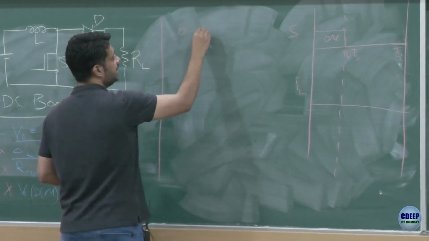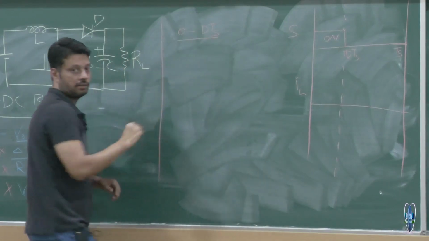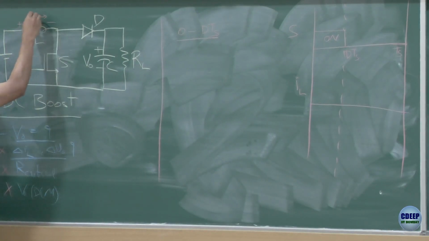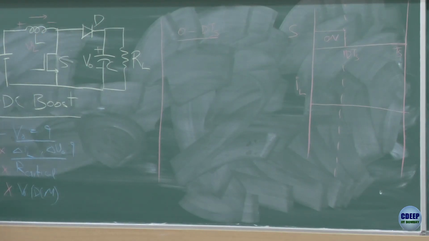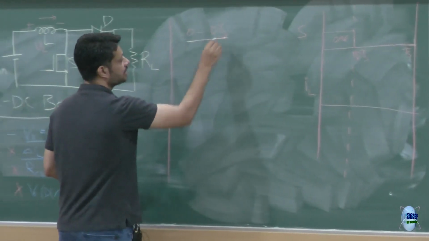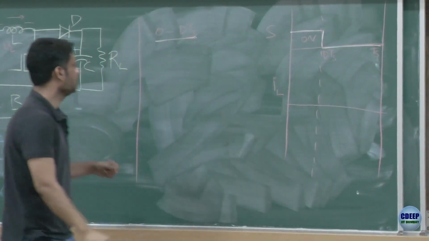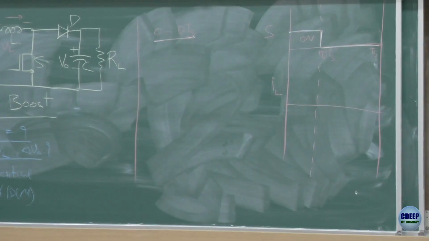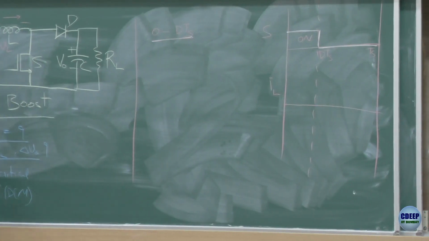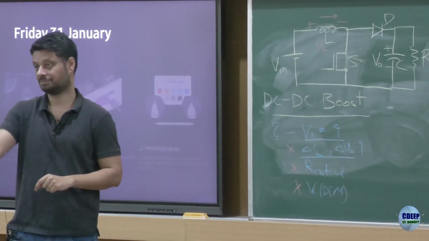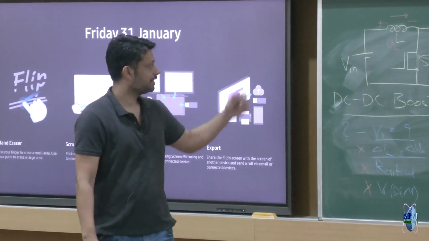From 0 to D times Ts, when the MOSFET is on, what is the voltage across the inductor?